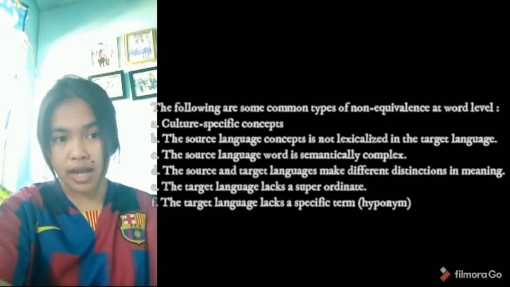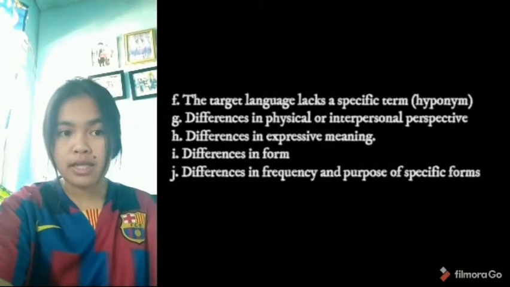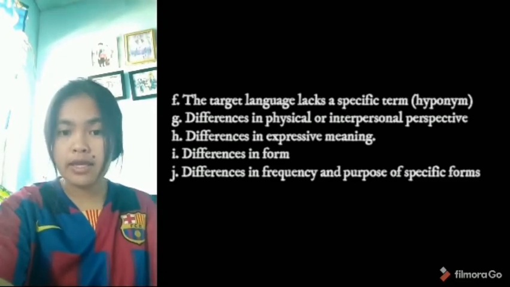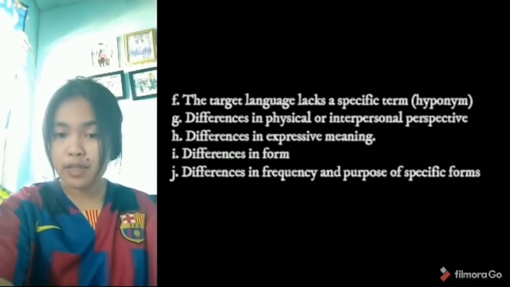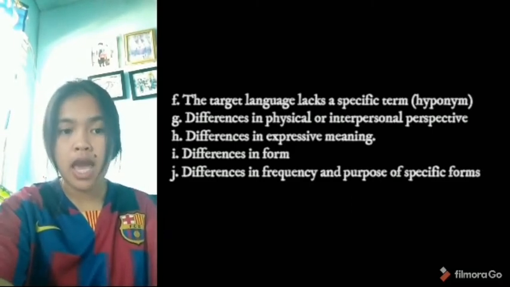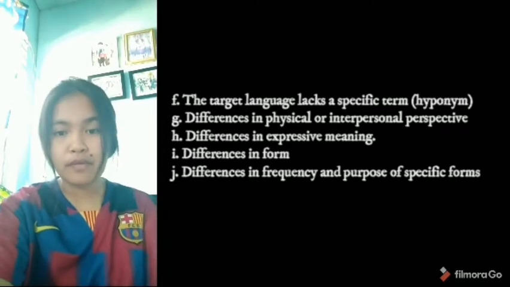The target language lacks a superordinate. 6. The target language lacks a specific term. 7. Differences in physical or interpersonal perspective. 8. Differences in expressive meaning. 9. Differences in form. And the last, differences in frequency and purpose of specific forms.